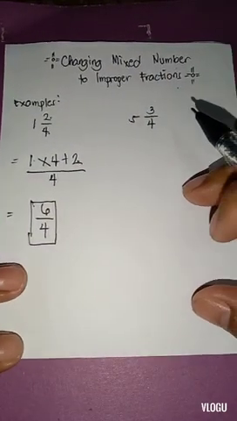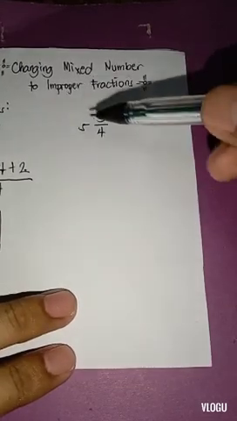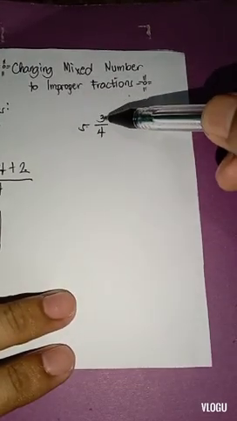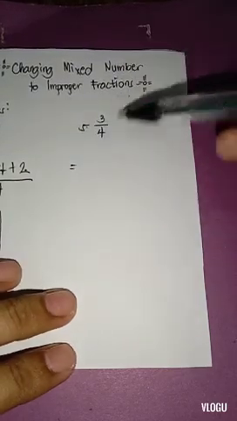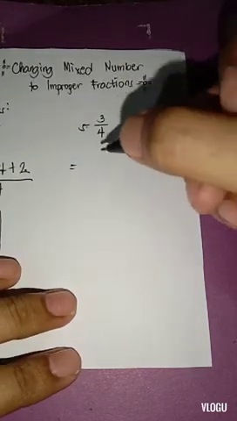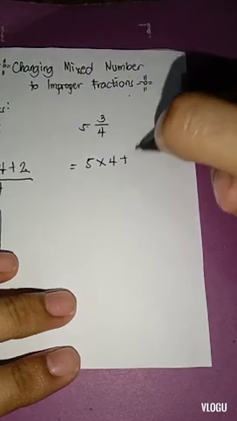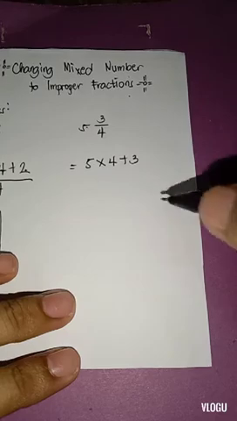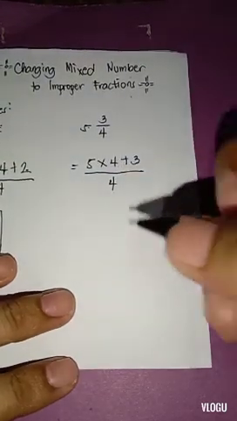Okay, so another example. So meron naman tayo ditong 5 and 3/4. So to change mixed number into improper fraction, first multiply and then add the numerator, then copy the denominator.